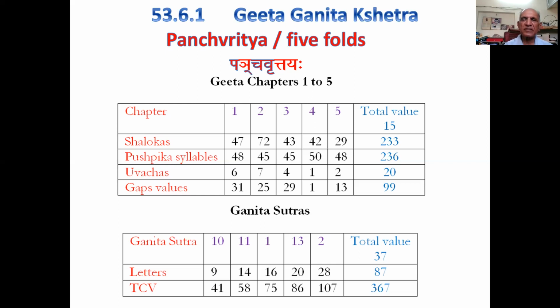These chapters are also having punctuations as vachas, 6, 7, 4, 1, 2, summation value 20. There are 20 vachas, there are 20 punctuations of this format of organization of chapters 1 to 5.